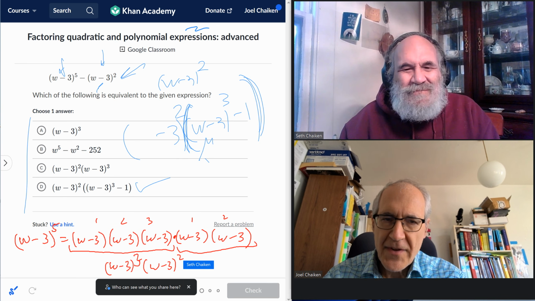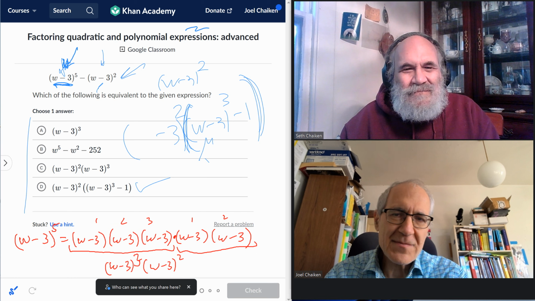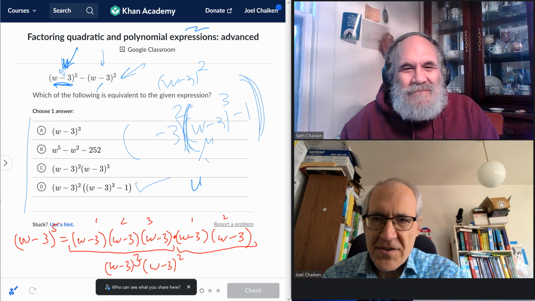So this also brings up the idea of what I call the u trick in math. When you have a big expression, you can substitute it with something smaller, like u. So this could be u to the fifth minus u squared, where u is defined as w minus 3. So let's work in u.